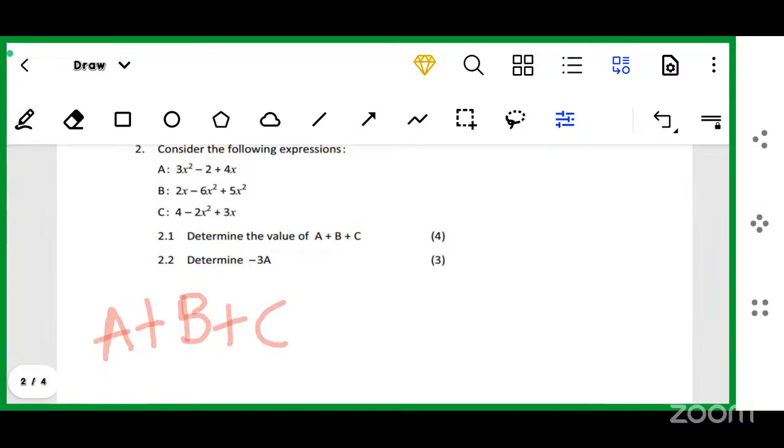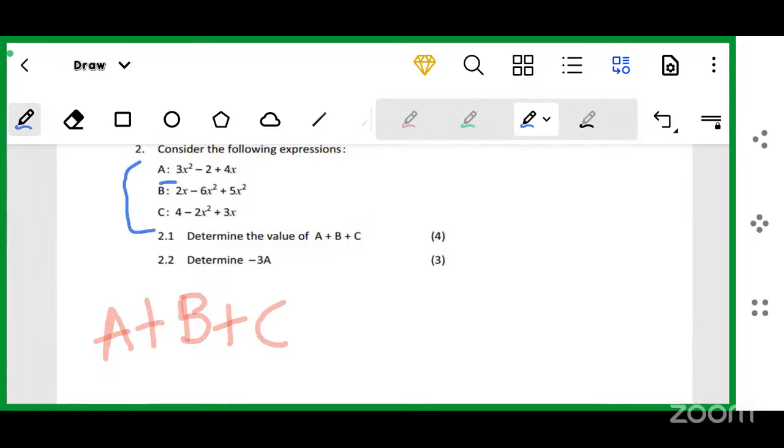We have A being 3x squared minus 2 plus 4x, B being 2x minus 6x squared plus 5x squared, and the last one being 4 minus 2x squared plus 3x. So 2.1 says, determine the value of A plus B plus C.